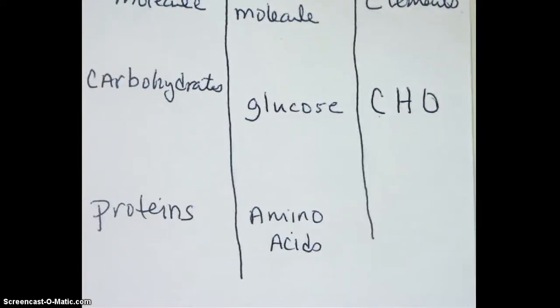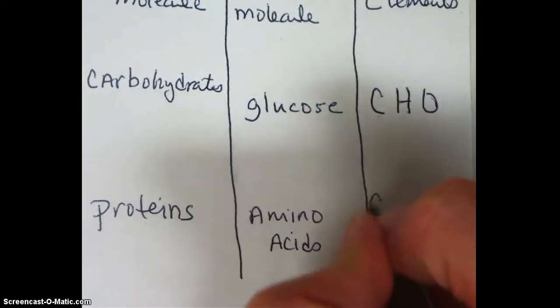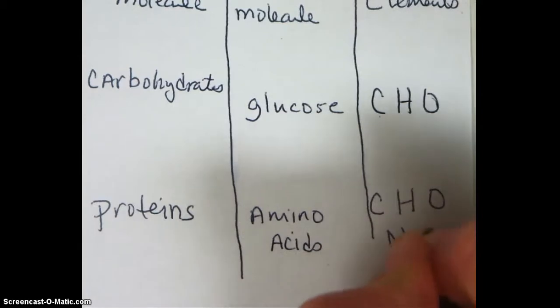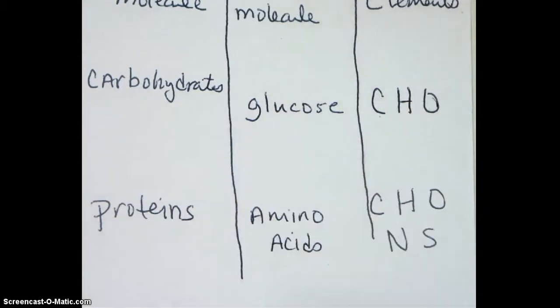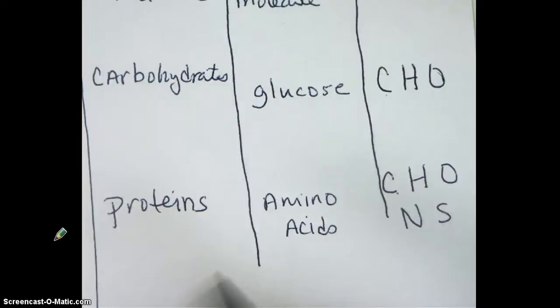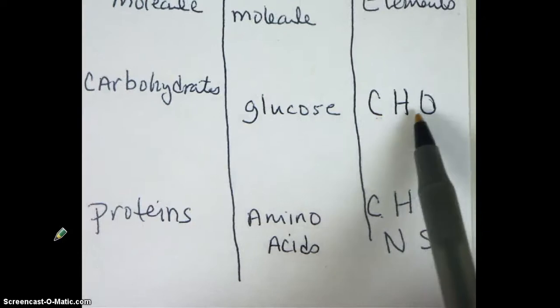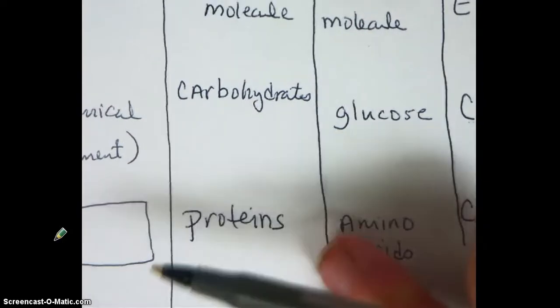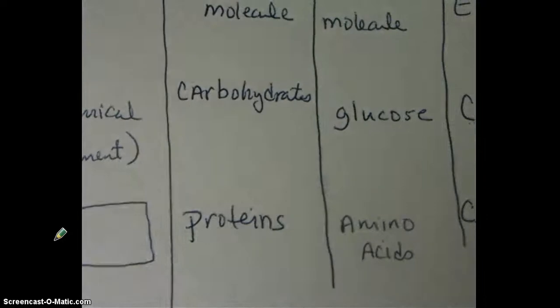For proteins, it's CHONS: carbon, hydrogen, oxygen, nitrogen, and sometimes sulfur.